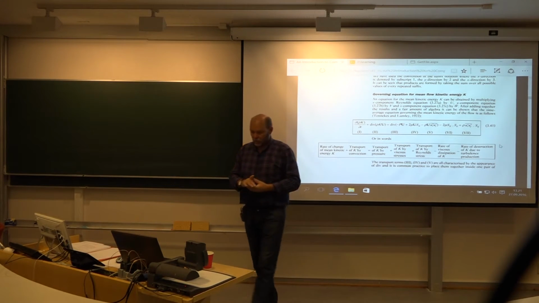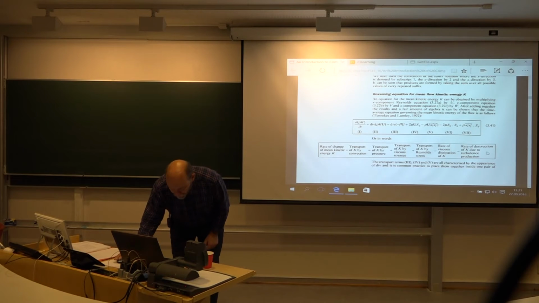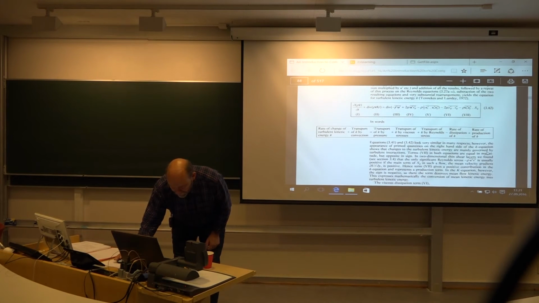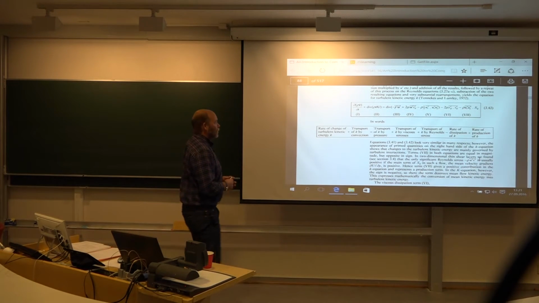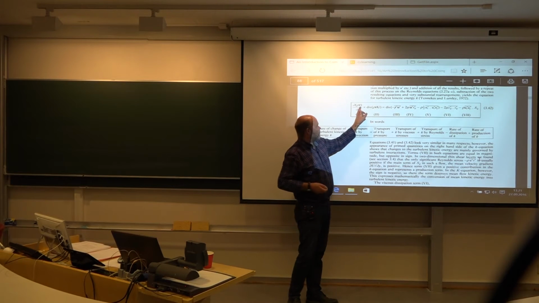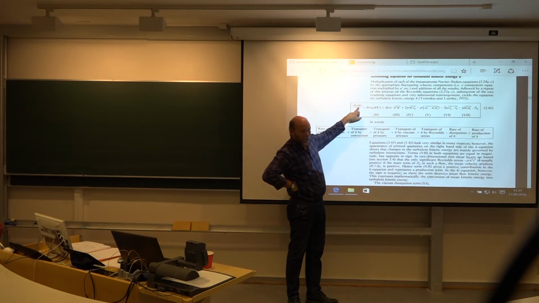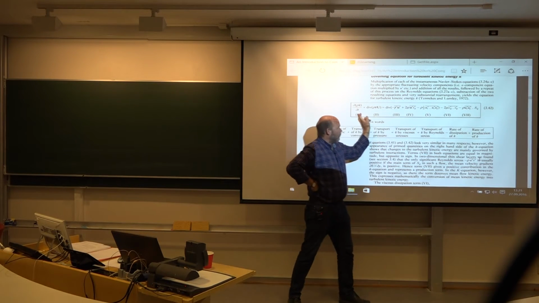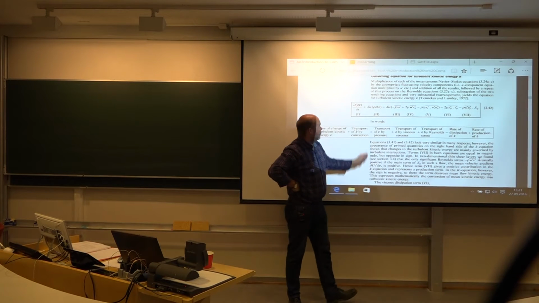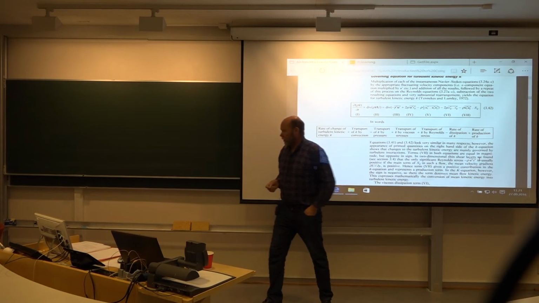If you subtract that one from the Navier-Stokes, you will end up with this one. This is a transport equation of the quantity K, the turbulent kinetic energy. So here you have the correct analytical expression for transport of K.